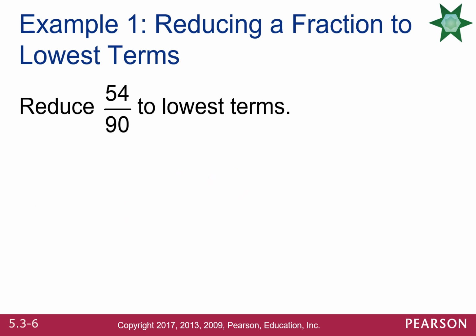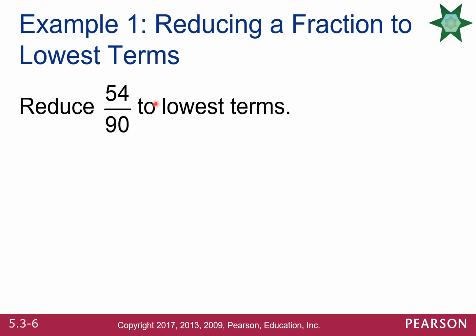Now let's go through this example on reducing a fraction to its lowest terms. The fraction they've given to us is 54 over 90, and we have to reduce it or write it in its lowest terms, meaning that the numerator and denominator cannot be divisible by any other value except a 1.